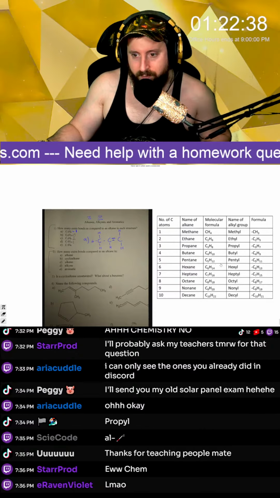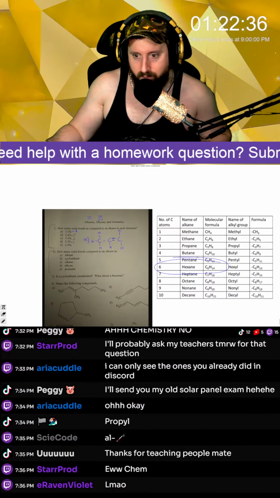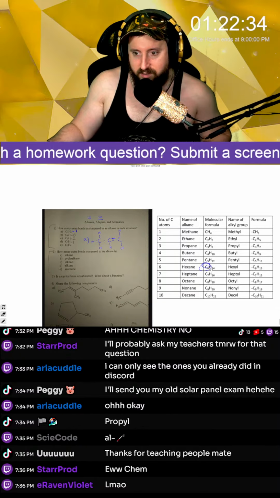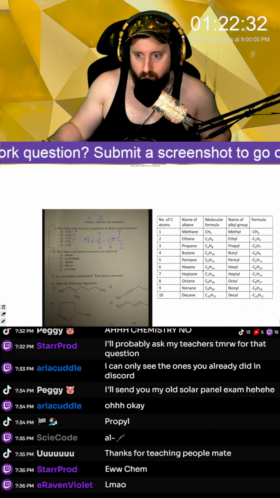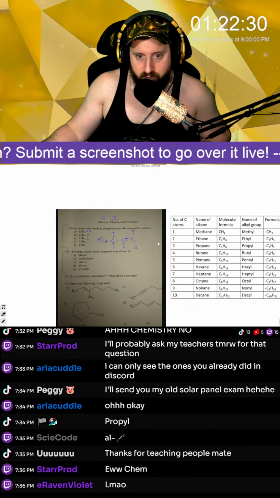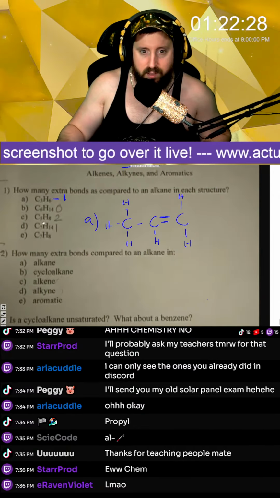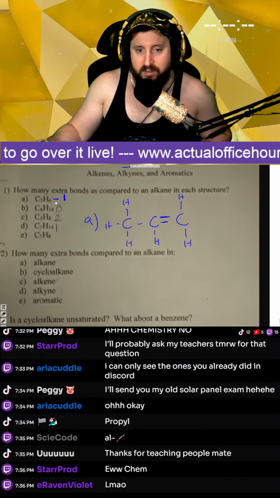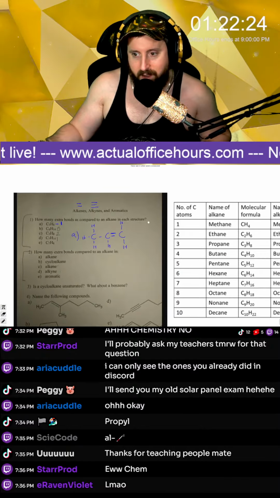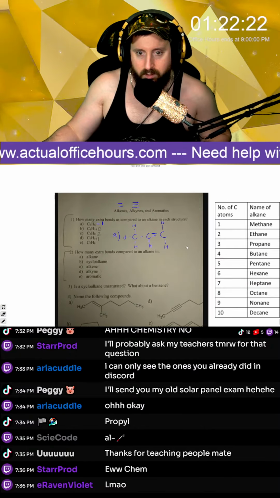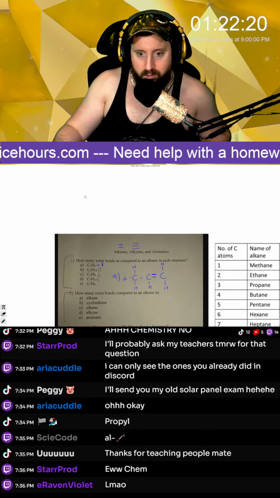C6H14, so that has 0 extra bonds, right? Because C6, which is hexane, would normally have 14 hydrogens on it, right? Okay, cool. So that's why that's 0. C5H8, so C5 is usually H12. So we'll see how that would work. There you go.